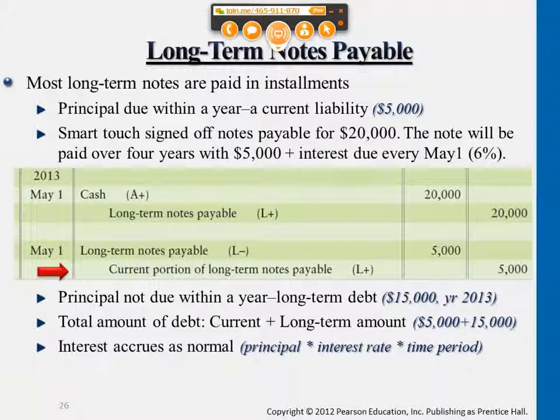So if the characteristic of this note payable is that it is paid by installments, an equal amount every single year, then the part that will be due immediately next year, we reclassify into the current portion of long-term notes payable. Meaning this is actually a short-term liability account.